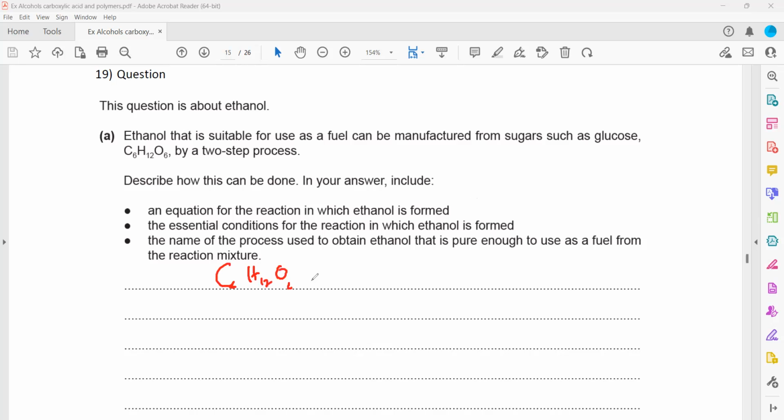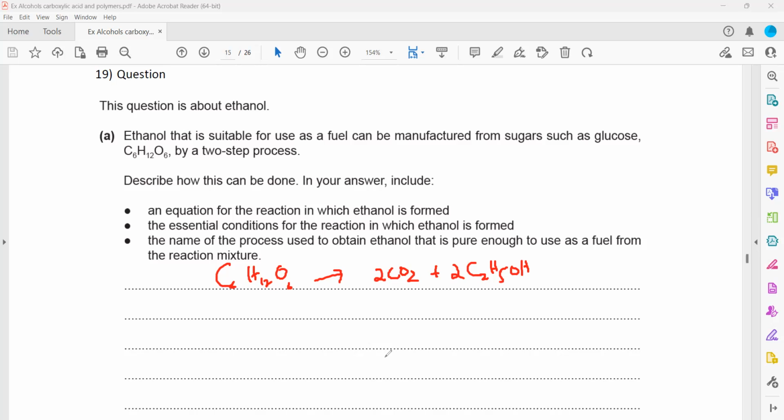If we want pure ethanol, we will also have to do fractional distillation, because only hydration of ethene will give pure ethanol. Whenever you write an equation, write a symbolic equation.